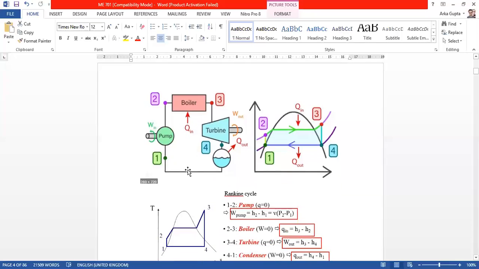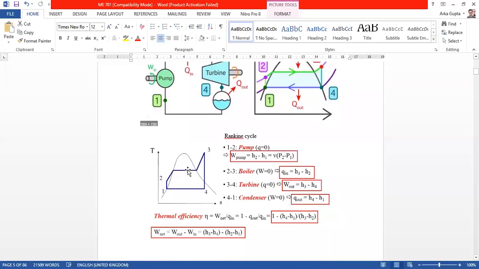Now, calculation of the efficiency. So, the steady flow energy equation. Four processes are shown: 1, 2, 3 and 4. Let us come to the energy balance equation.